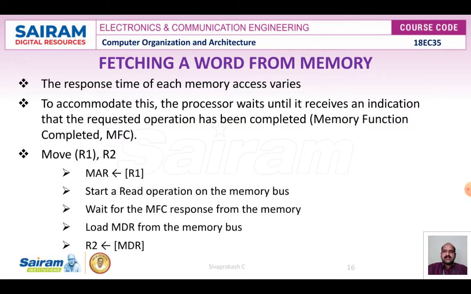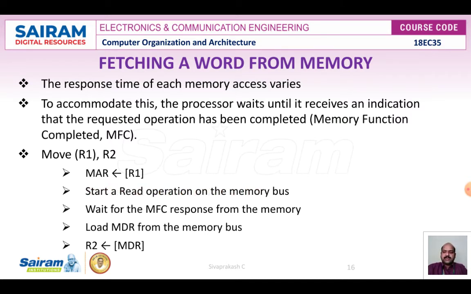Let me consider an instruction, move R1, R2. How is this sequence going to do its operation to fetch a word from the memory? In general, the data of register R1, indirect addressing of register R1, will be moved to the memory address register, and it's going to start a read operation on the memory bus.